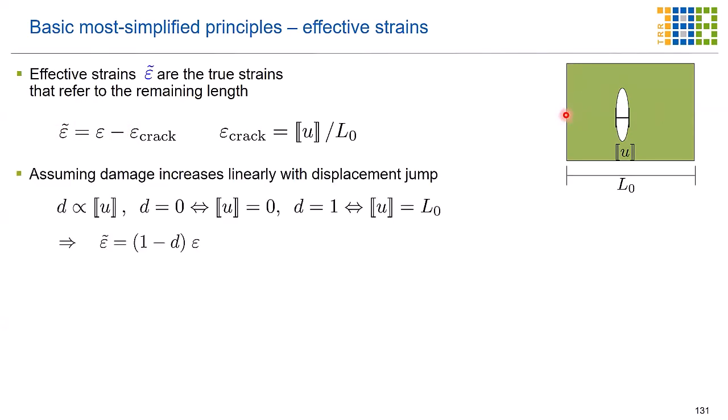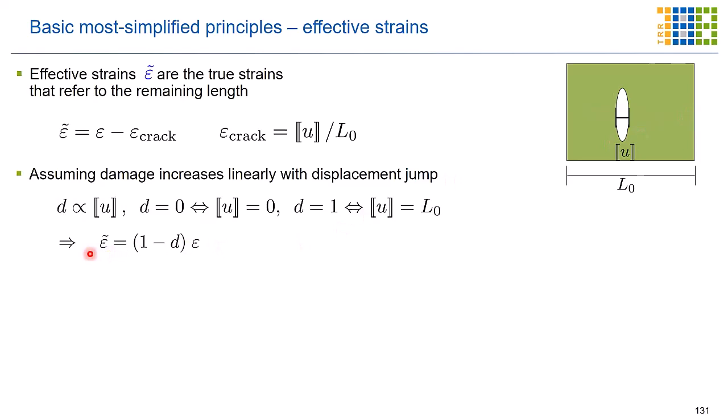So we assume that damage increases linearly with the displacement jump, again here as an introduction to this course. So the larger this displacement jump, the more damage we have. Damage of 0 means no displacement jump, this will be closed. Damage of 1 means that the displacement jump is the entire length here.